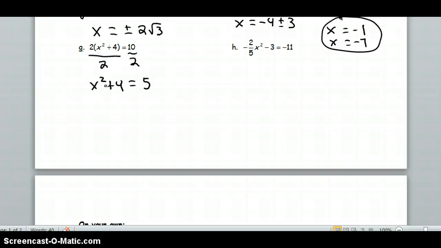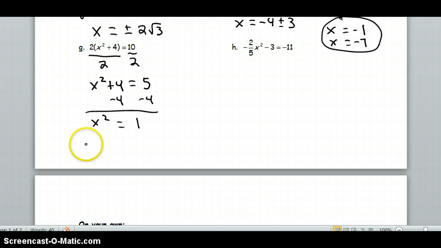So now I can't square root both sides right now. I need to subtract a 4 from both sides. So it was very similar in that I divided by 2 first instead of distributing, which made it easier. But then I go ahead and wait on the square root because my squared is inside the parentheses. So x squared equals 1.